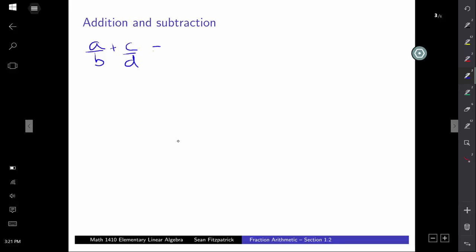So the trick here is you use this idea of equivalent fractions to say, well, I can take A over B and I can multiply top and bottom by D. And similarly, I can take C over D, and I can multiply top and bottom by B. As long as B and D are non-zero, but they'd better be non-zero or the fractions I started with aren't defined in the first place.